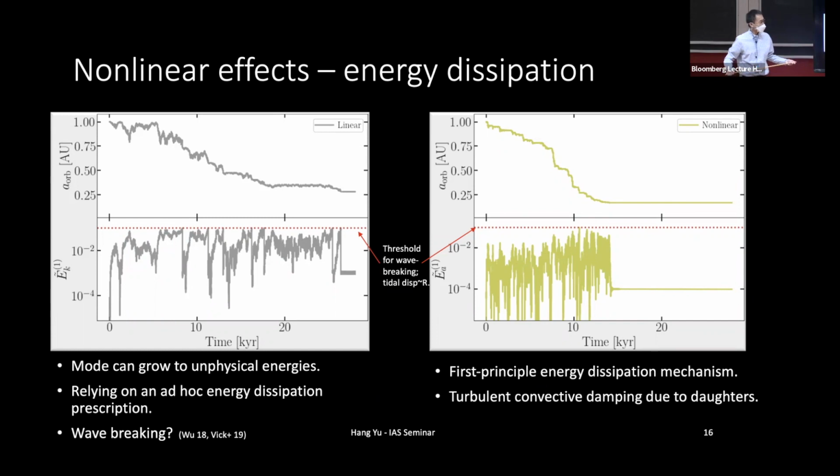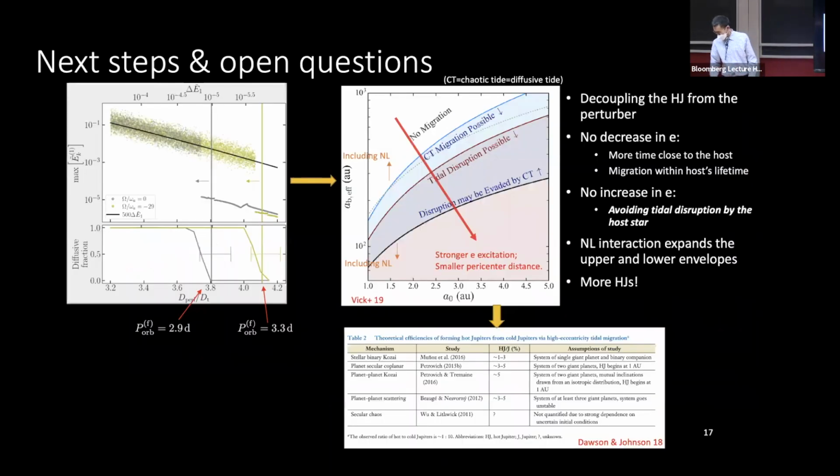And also, if we want to couple this orbital evolution together with the thermal evolution of the planet itself, then we want to quantify the significance of tidal heating. And for that, we need to know where the heat is deposited. To get the answer here, we need to have a first principle mechanism to show us how the energy is dissipated. So those are the main results of our study so far.